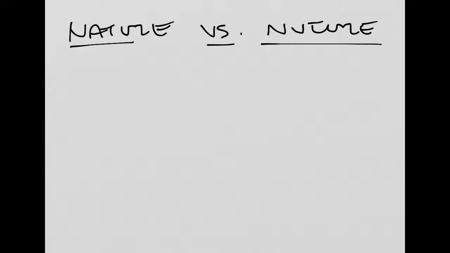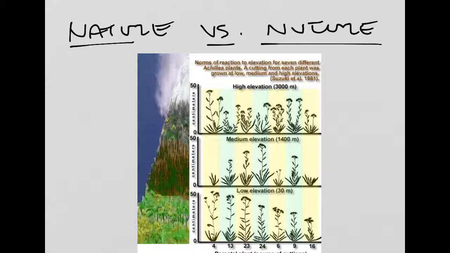Both things combine. For example, let's take a look at this Achillea plant here. And you can see here that depending on where the Achillea is found, it's going to have a very different look to it in terms of the height. And keep in mind that all these plants were genetically identical to one another because they were a cutting, which means that they were cut from the same plant and then planted in these particular areas.